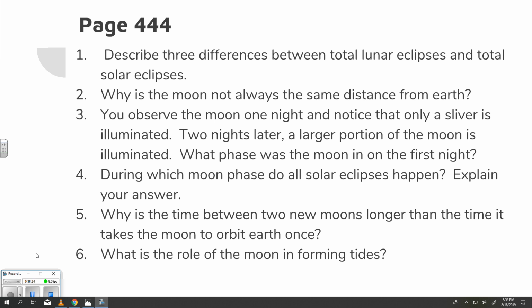The Earth and the moon are orbiting the sun. It takes an extra 2.2 days for the moon and the Earth and the sun to line up again.